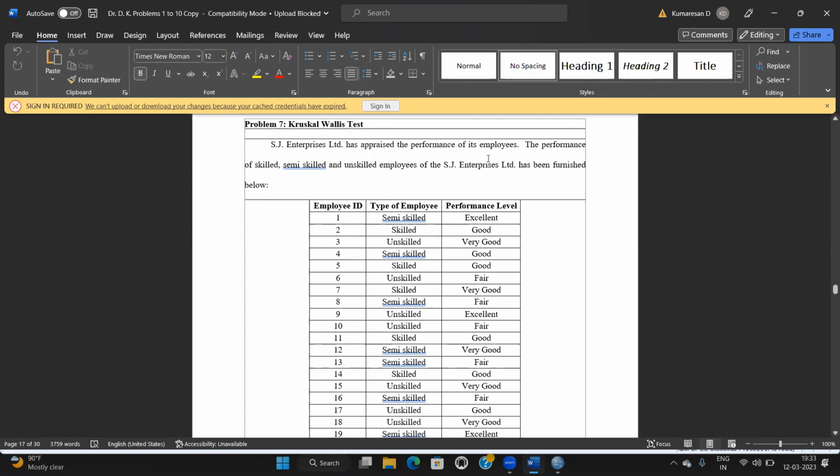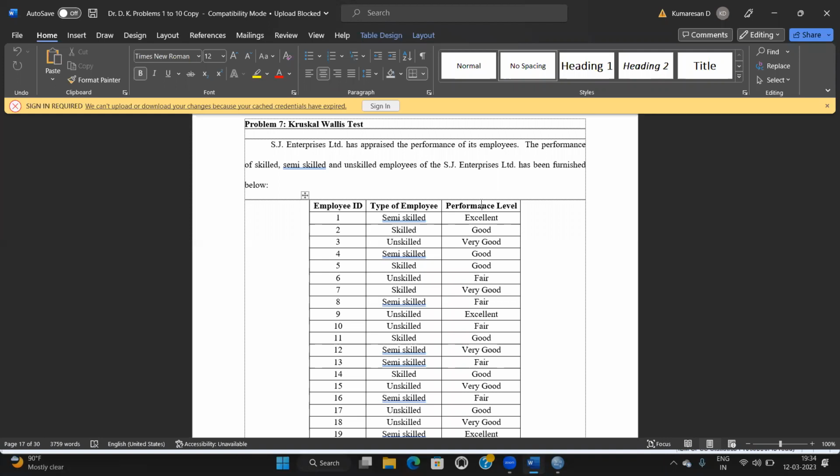What is the difference? The dependent variable. Earlier, the dependent variable was satisfaction score, so it is scale data. But here it is given as ordinal data. So the similarity is more than two groups. The difference is scale data for one-way ANOVA, ordinal data for the Kruskal-Wallis test.